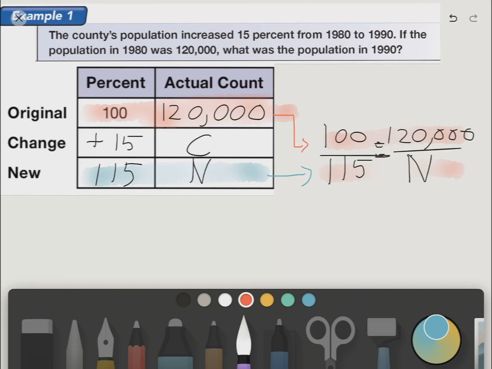So what will that look like when we do some cross multiplying goodness?